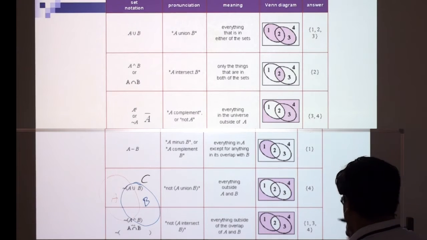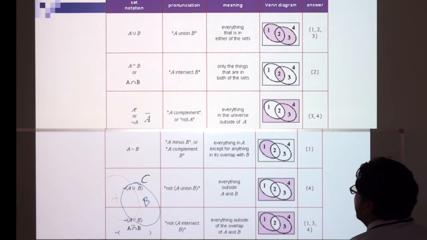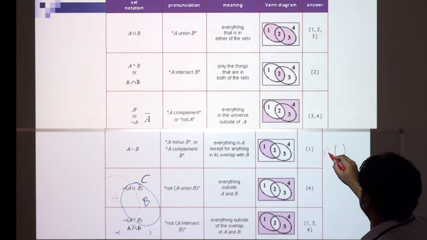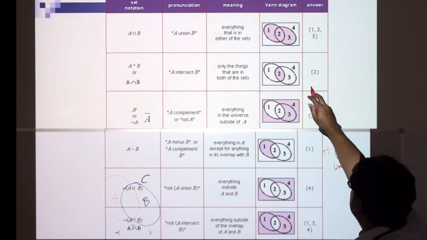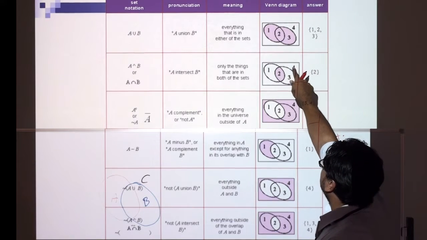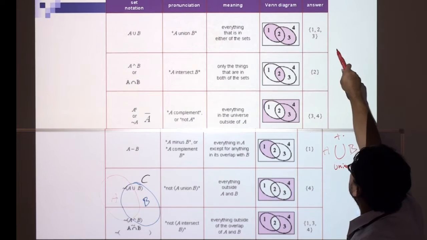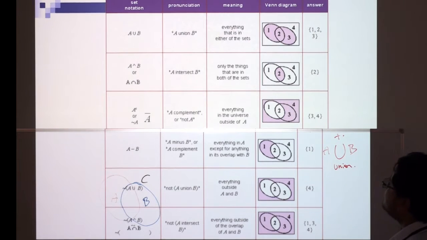Okay, so first of all, we have A union B. Union means everything that is in either of the sets, so everything inside A plus everything inside B. That's why we've circled both circles of A and B. So the answer to A union B is 1, 2, and 3.